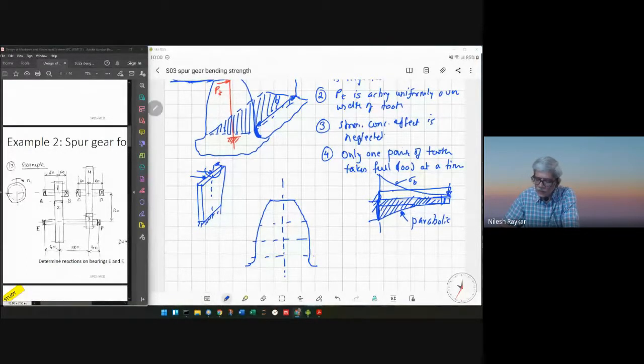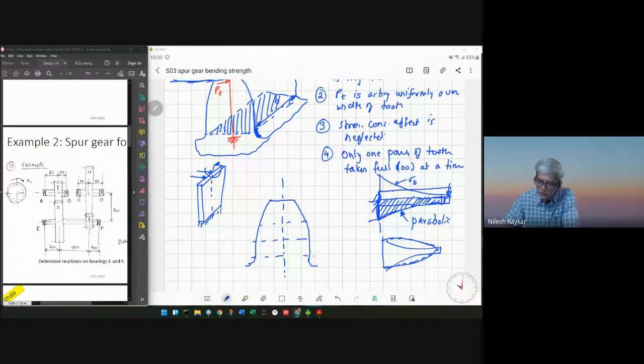So we know that the profile is parabolic, and it need not be on one side only. You can have a beam of uniform strength of this type, which is similar to the gear tooth. So he fitted this uniform strength beam within the gear tooth.